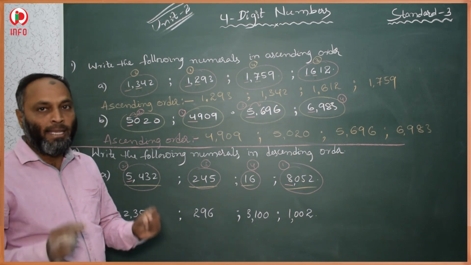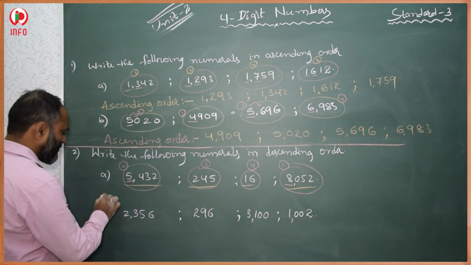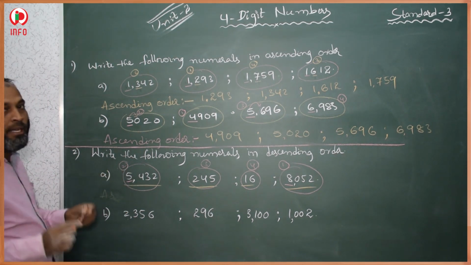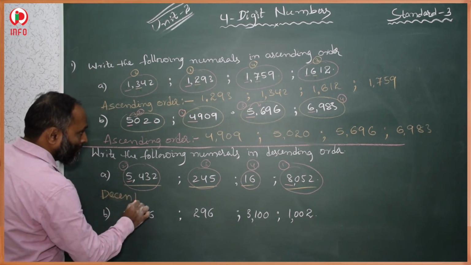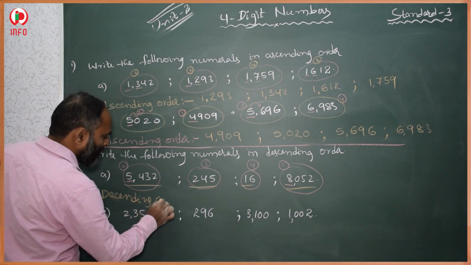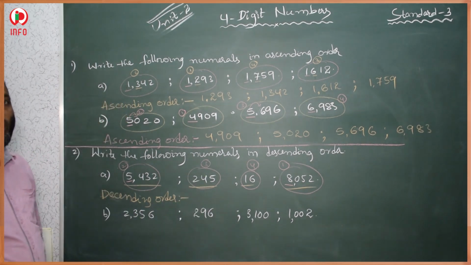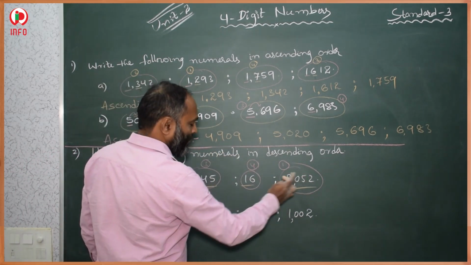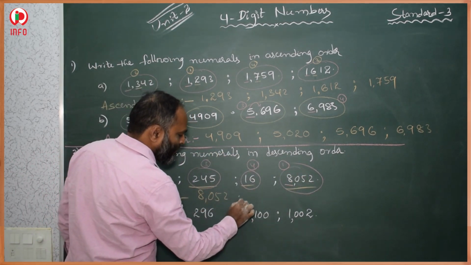In ascending order, ascending means increasing order. Descending order, sorry, descending order means decreasing order. We have to arrange in descending order. Decreasing order: first we have to take the bigger one. 8052.